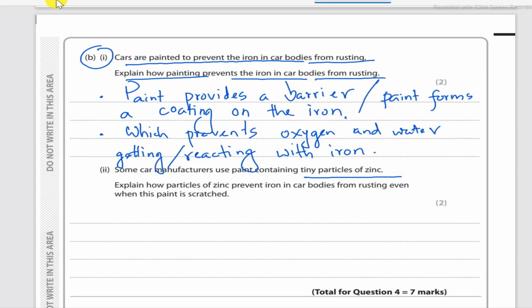Because zinc is more reactive than iron.